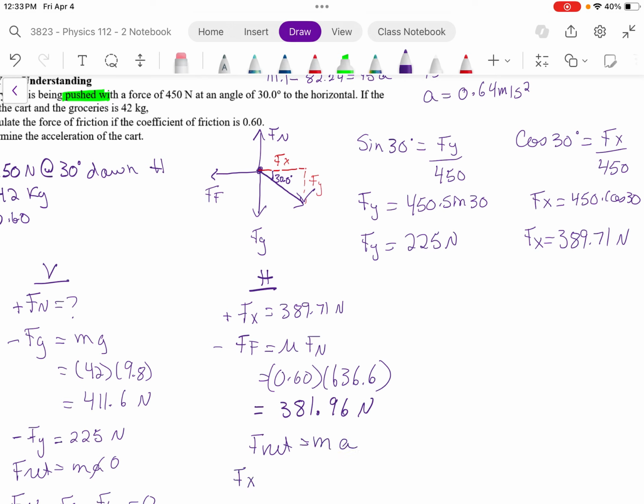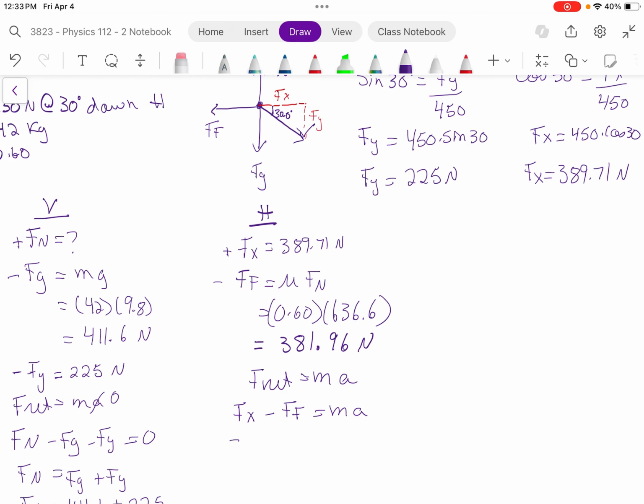We have that F net is equal to MA. F net is made up of Fx minus Ff, and it's equal to mass times acceleration. So we have 389.71 minus 381.96 equals our mass of 42 times the acceleration. So we're going to do that subtraction.